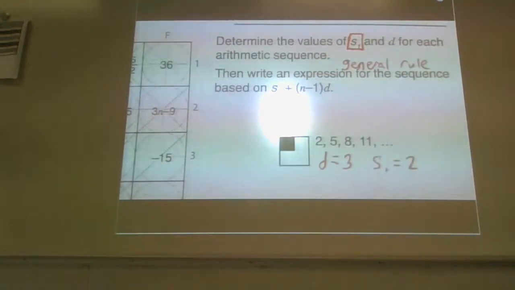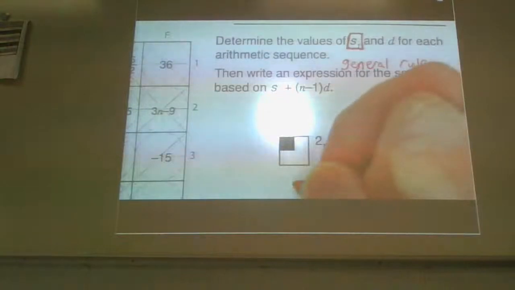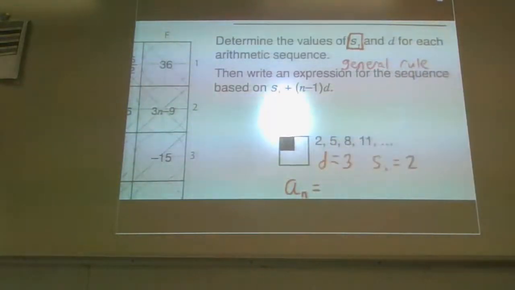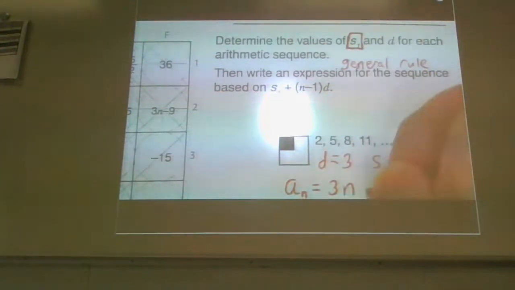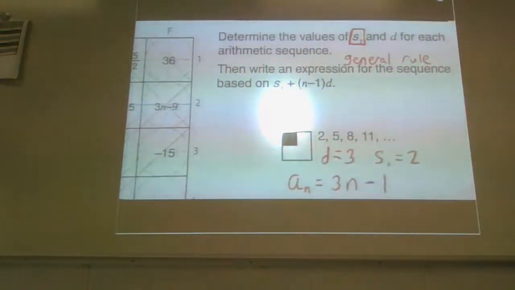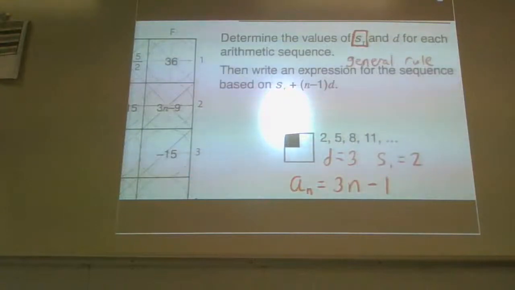For the sake of argument, this actual general rule, if you went through the whole formula here, would end up being 3n minus 1. That is the general rule for this particular problem.